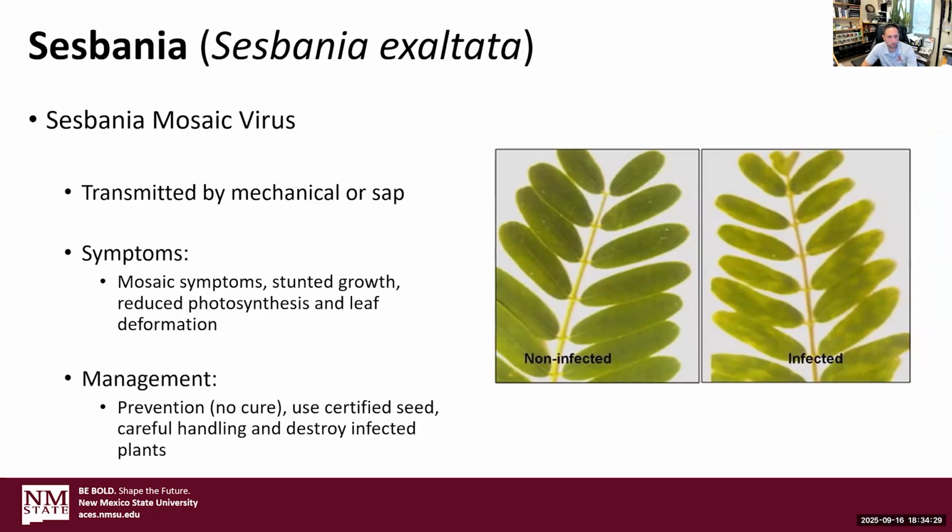Some of the symptoms include mosaic symptoms, which you can sort of see on this picture here between non-infected sesbania and infected sesbania, as well as stunted growth and leaf deformation. Management is really just prevention. There's not really a cure for most of the viruses. Use certified seed as well as careful handling and destroying infected plants.